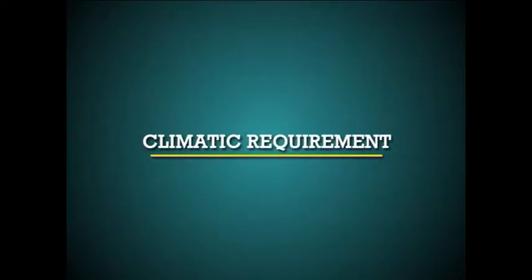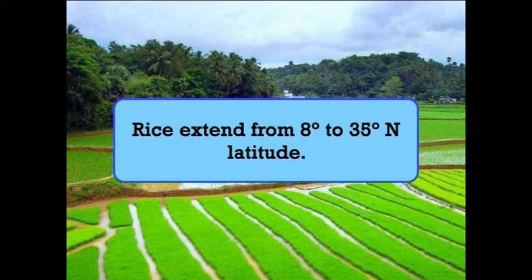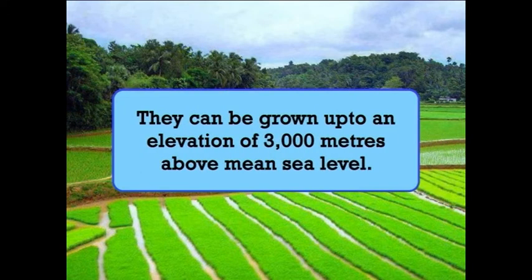Coming up next is about climatic requirements. Rice can be grown under varying conditions. They extend from 8 degree to 35 degree north latitude. They can be grown up to an elevation of 3,000 meters above mean sea level.